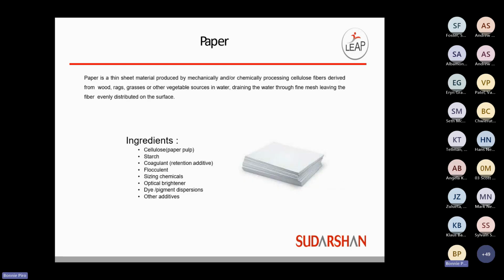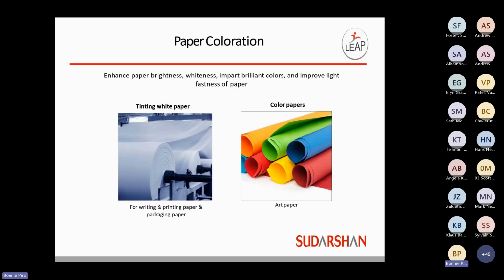Paper is something that we see and use every day, and it does take a lot of colorant to get it where it needs to be. It's a very interesting area to provide that color. Obviously you have your white paper and colored paper, and it's kind of surprising to know that even your white paper does have some coloring in it.